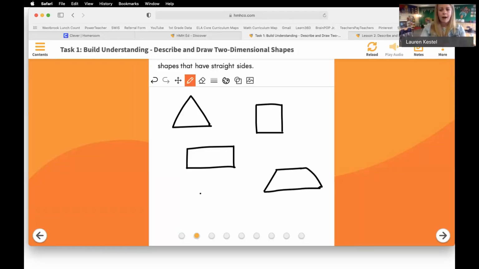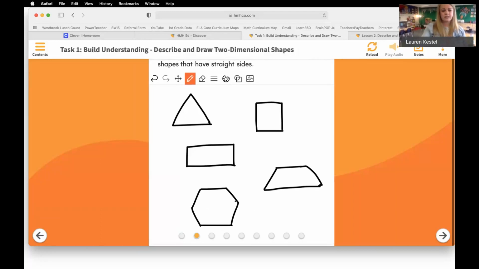My next shape is a hexagon. Think if you can remember how many sides a hexagon has. Yep, a hexagon has 6. 1, 2, 3, 4, 5, 6. So a hexagon has 6 sides and 6 vertices.